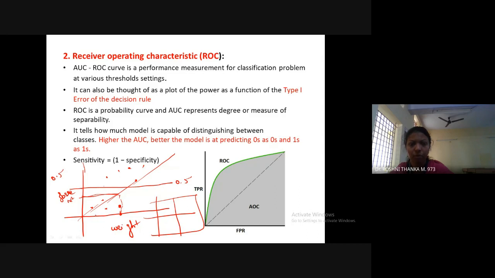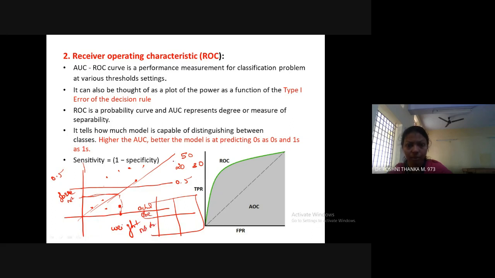For each and every value, we have to say how much. For example, there is 50%. Out of 50%, if this is the actual value, you consider 20% are obese and 30% are not obese. So here we have obese and here not obese.